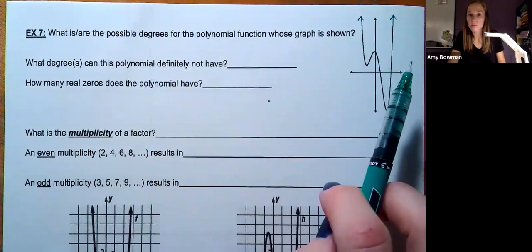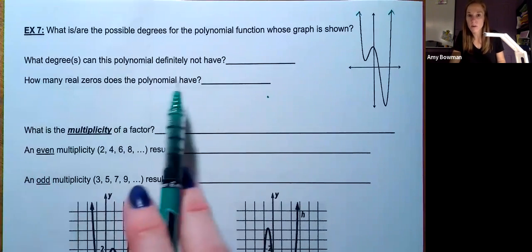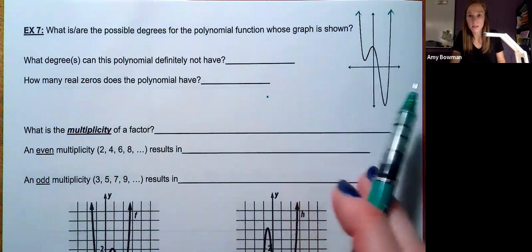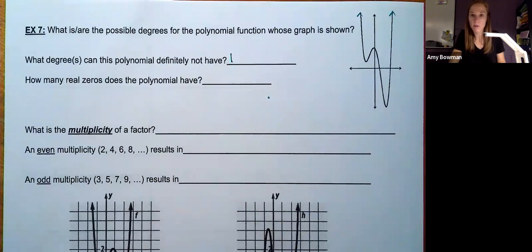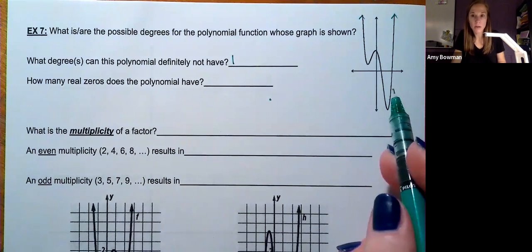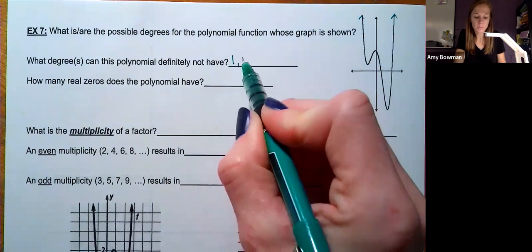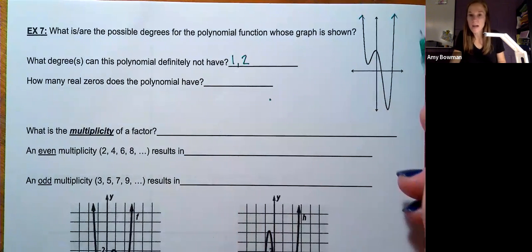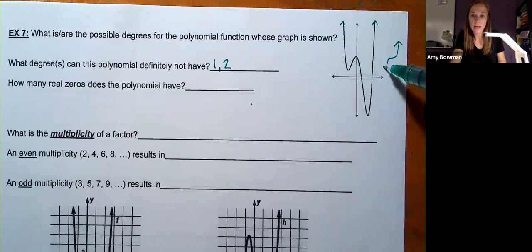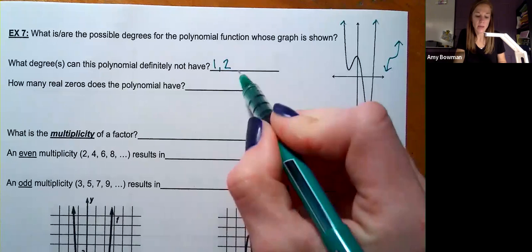So what are the possible degrees for this polynomial? What can we eliminate? What degrees can this polynomial not have? Well, it's clearly not linear, so it can't be of degree 1. It is not a parabola, and we know that parabolas are degree 2. It does not have the pattern of a cubic function, so we know it can't be 3.